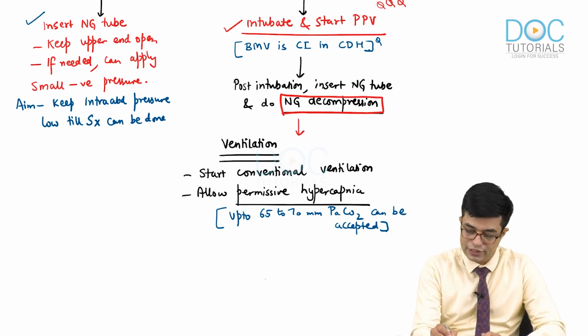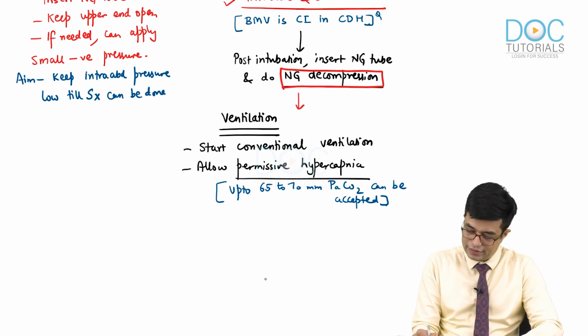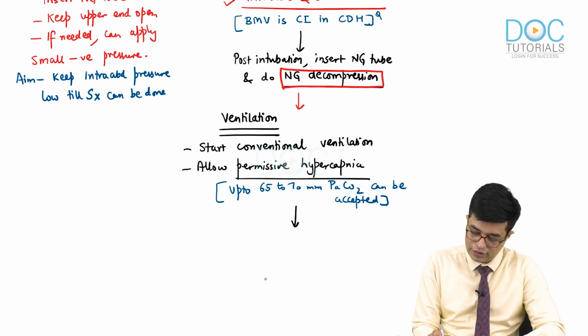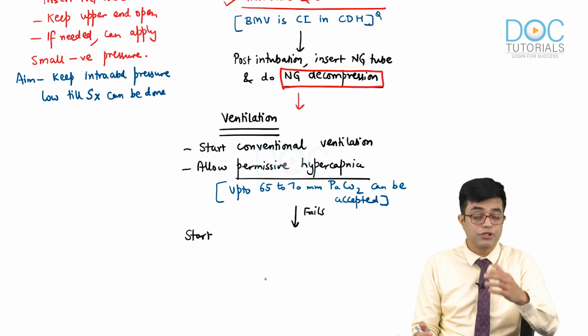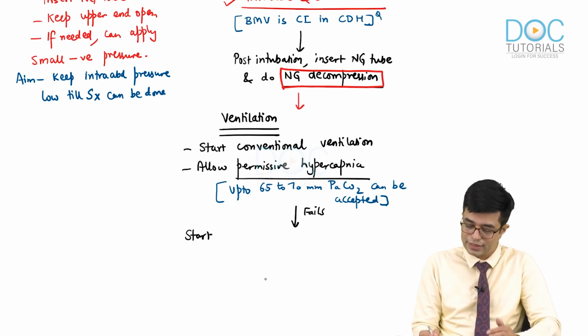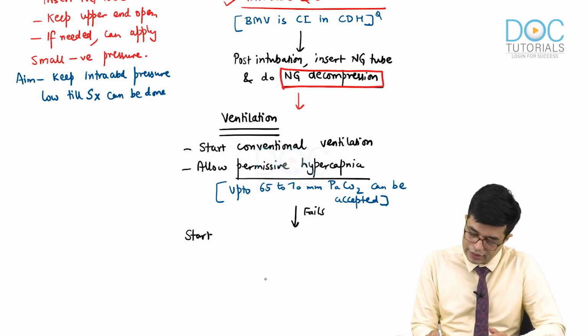You start with conventional ventilation. If conventional ventilation fails, you have tried ventilation, the patient is not improving, saturation is on the lower side and distress is still persisting, you will start the patient on HFOV. HFOV stands for high frequency oscillatory ventilation.